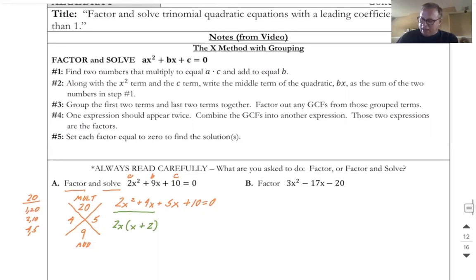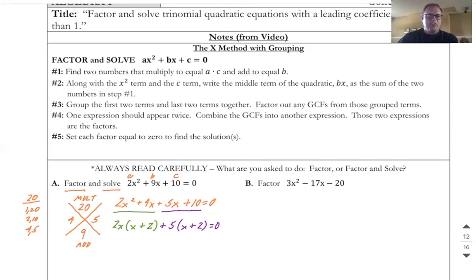Now, I need to look at the 5x plus 10 part and think, what do those have in common? Well, the greatest common factor of 5x and 10 is 5. Now, if I've done this right, I should have an x plus 2 in parentheses next to it. And I do, because 5 times the quantity x plus 2 is 5x plus 10. And that's step 3.